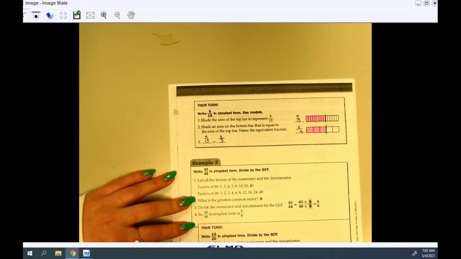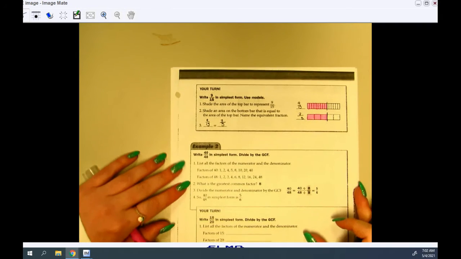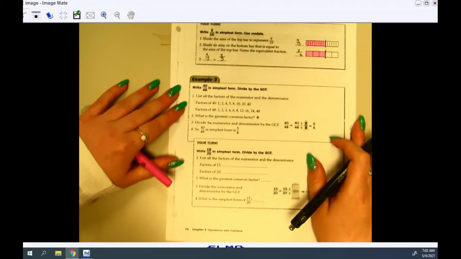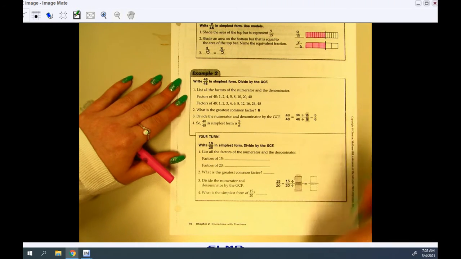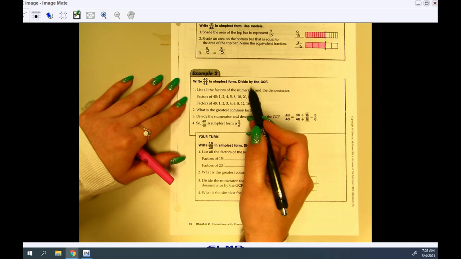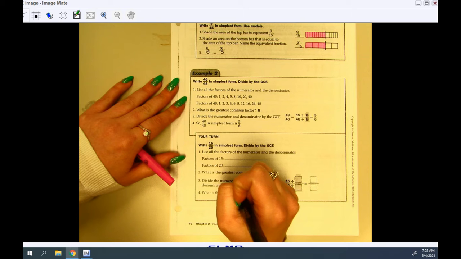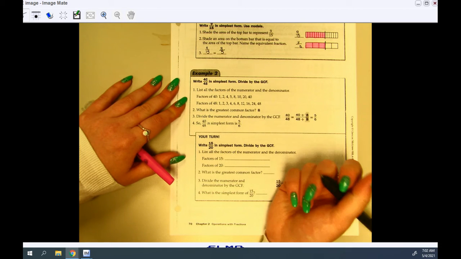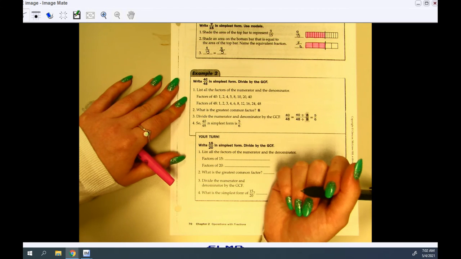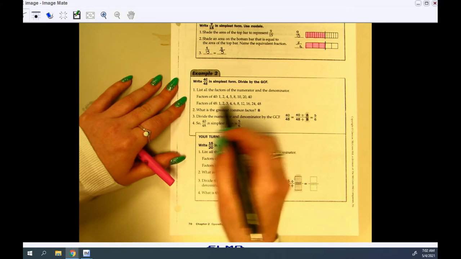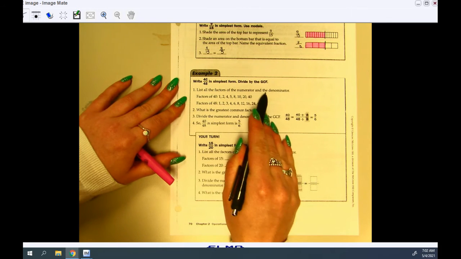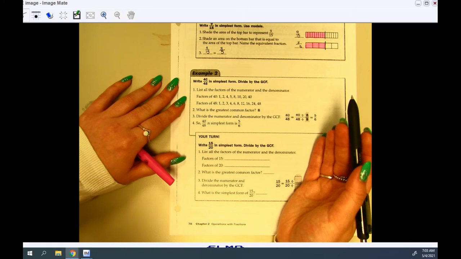Okay. Now, down here, it's talking about finding the simplest form by dividing by the GCF. This is exactly like what we were doing last unit when we were finding the GCF. Now we're just going to be using it to figure out what the smallest fraction is. First you have to list all the factors of the numerator and the denominator.